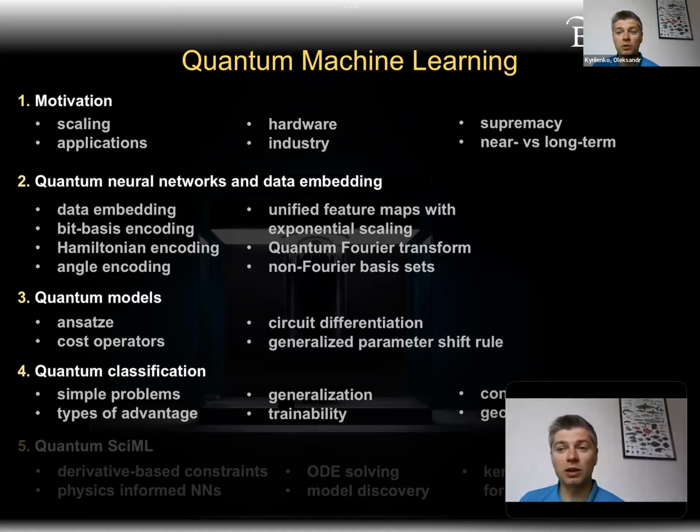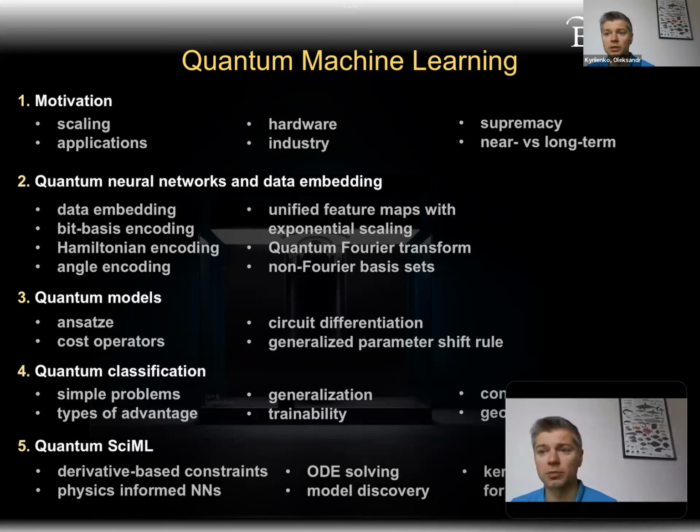Here my idea is to present an overview of what's possible with quantum neural networks and with training, and I will concentrate on possible advantages of quantum machine learning in this area. Finally, quantum SciML. I don't believe we have time today to start it, but there will be another lecture tomorrow. If we progress to that point, I will leave it there and continue tomorrow.